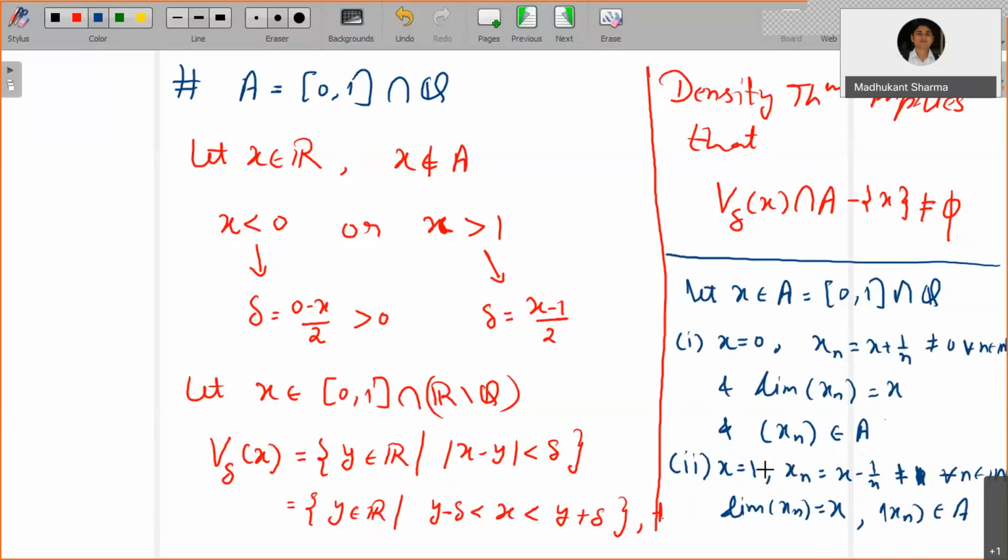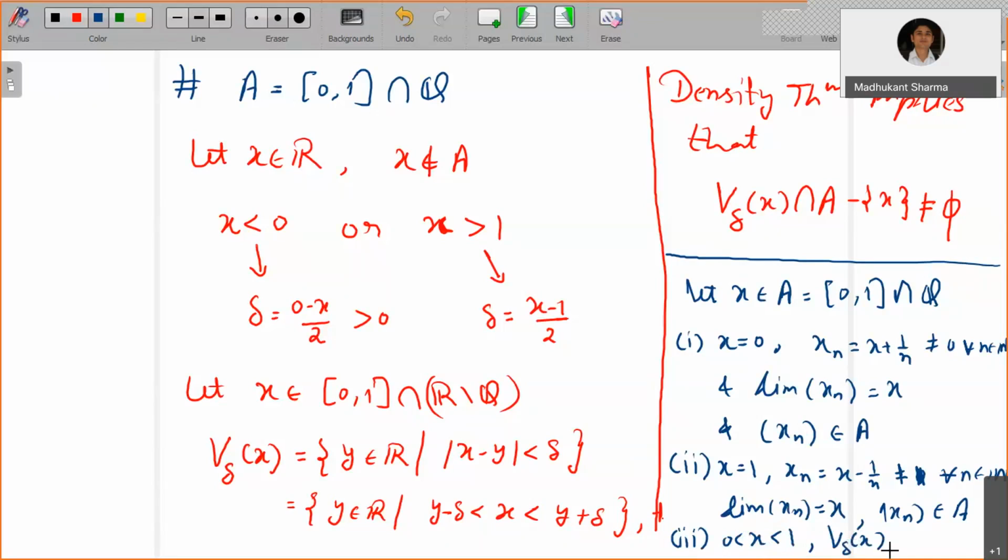Okay, right. Now, in the case 0 less than x less than 1, you consider any neighborhood of x.